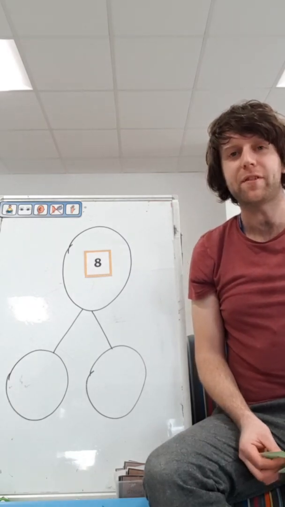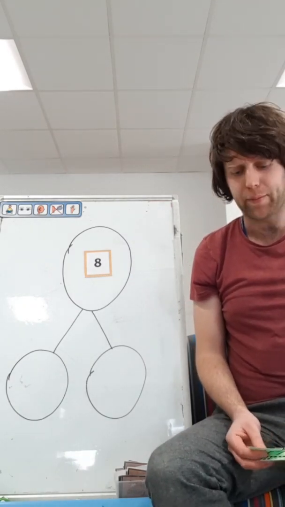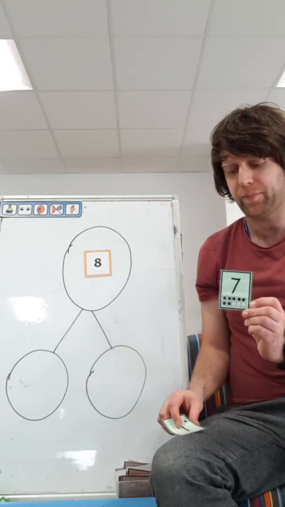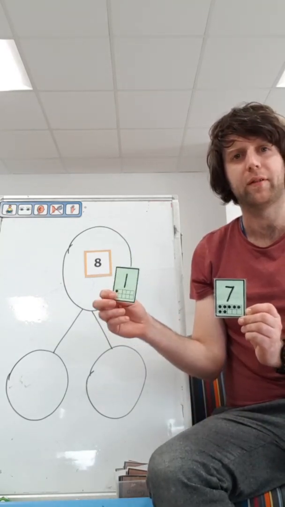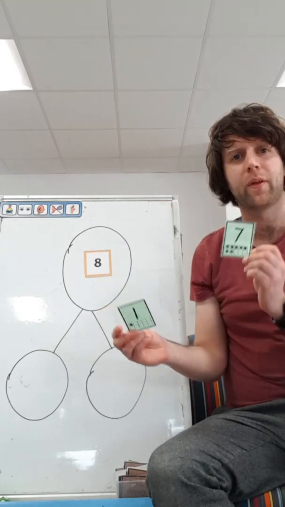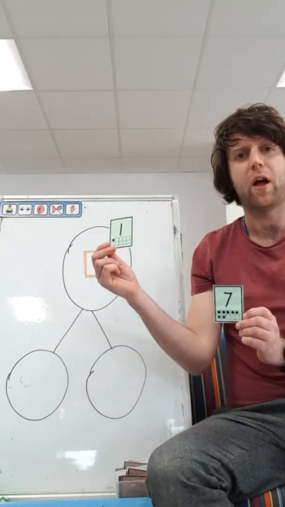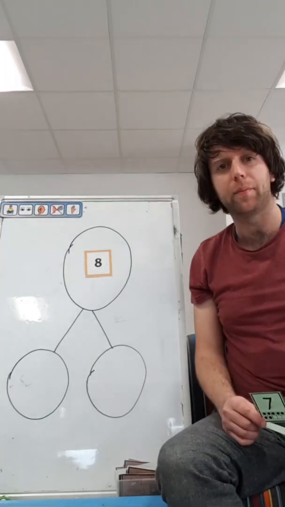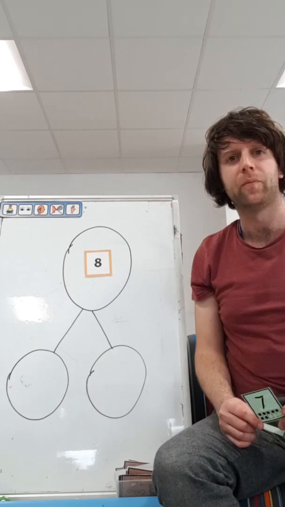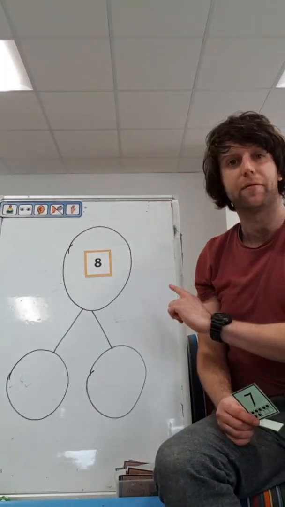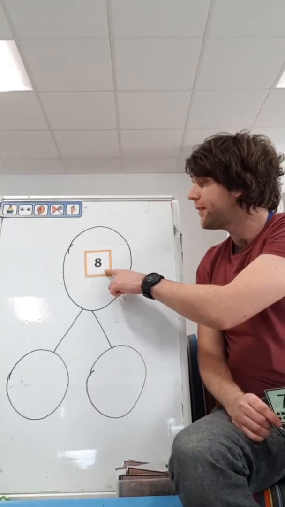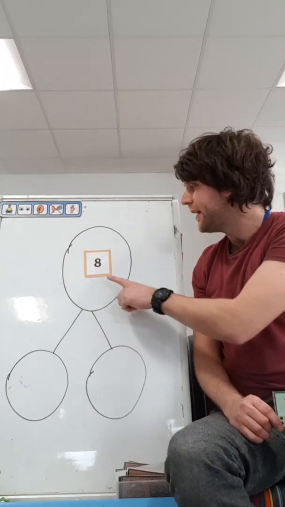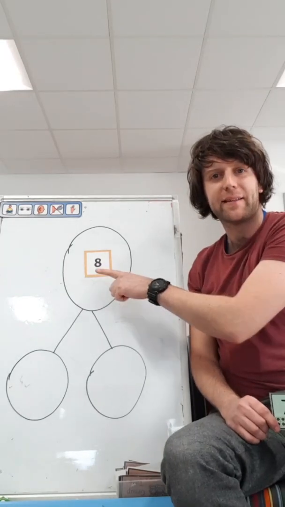So children, we've just seen with our ladybird that we were able to have 7 spots on one side and 1 spot on the other side. 7 was a part and 1 was a part. So what we can do, we can use our part whole model to show our workings out. So here I've drawn one on the board and you can see here as our whole amount, the number we're looking at today is the number 8.